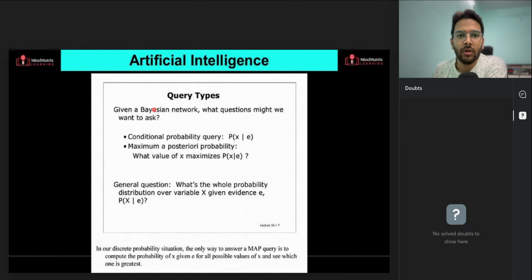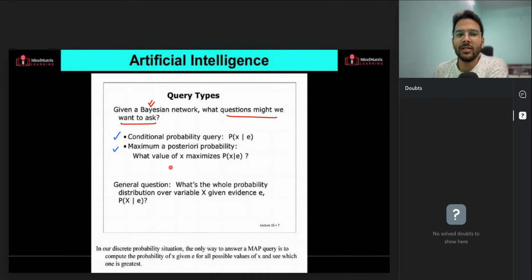Okay. So when a Bayesian network is given to you, and we have already covered the Bayesian network, what questions might we want to ask? One type of question can be the conditional probability query, that is, what is the probability of X given E? This type of query can be asked if a Bayesian network is given to us. What else?